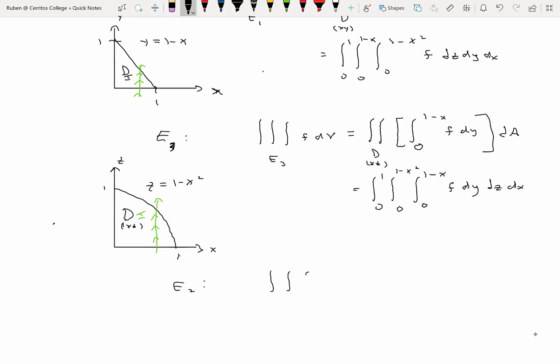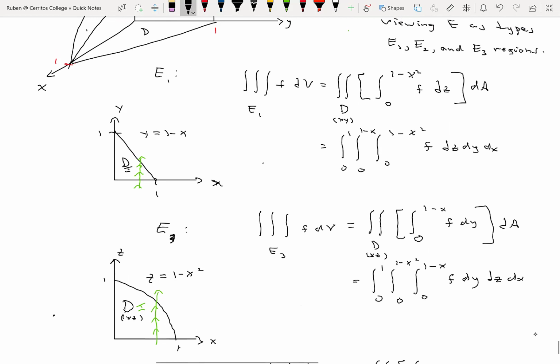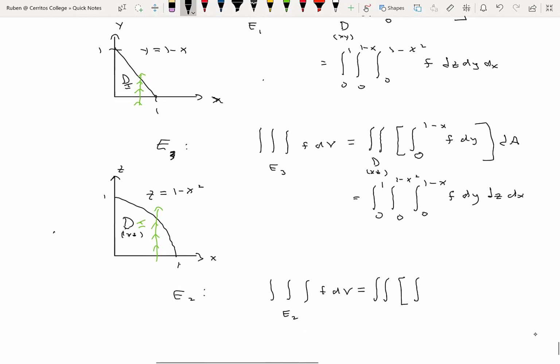General formula: the triple integral over a type 2 region, function behind, function in front, says we reduce to a double integral of the single integral from the function behind to the function in front.